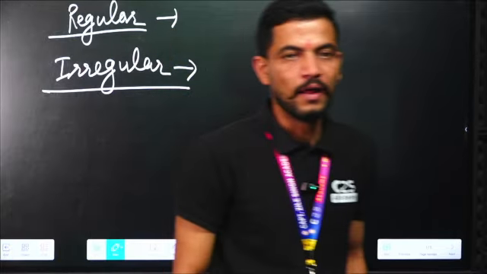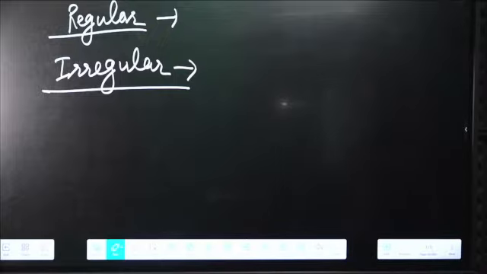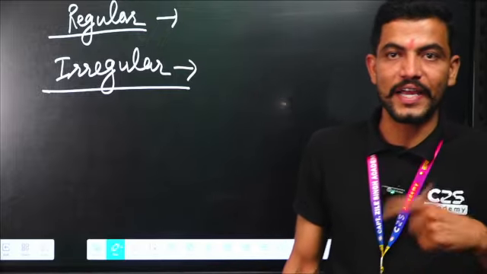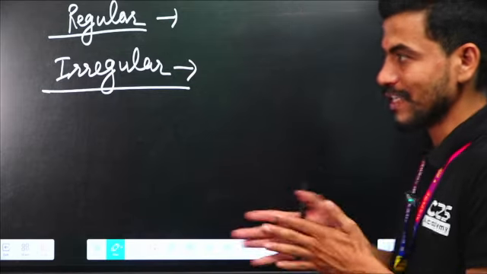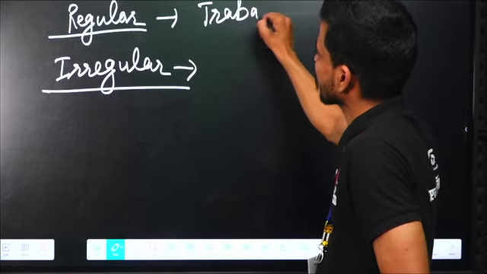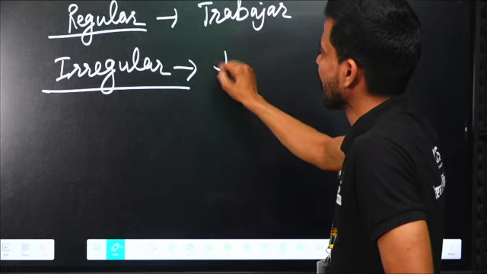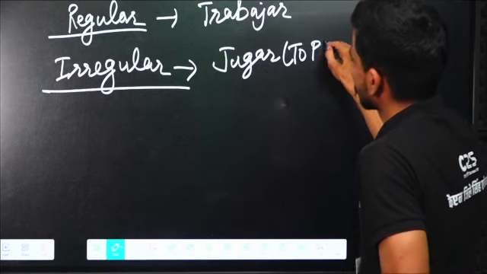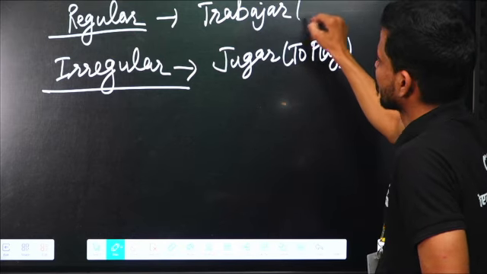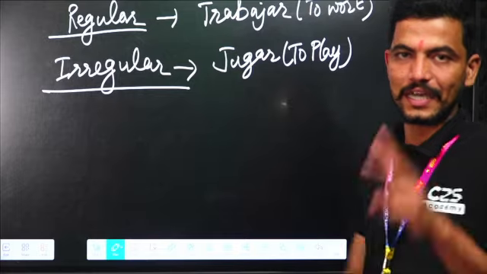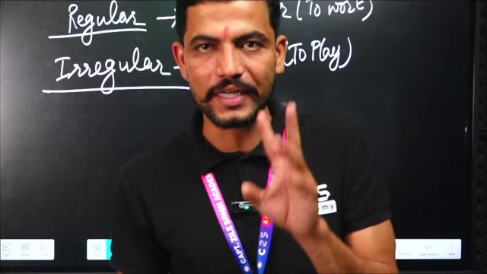A verb is a doing word, the action word. For example, regular, I told you, trabajar. Irregular, jugar. Jugar means to play. Trabajar means to work. So these are the basic two kinds of verb in Spanish.